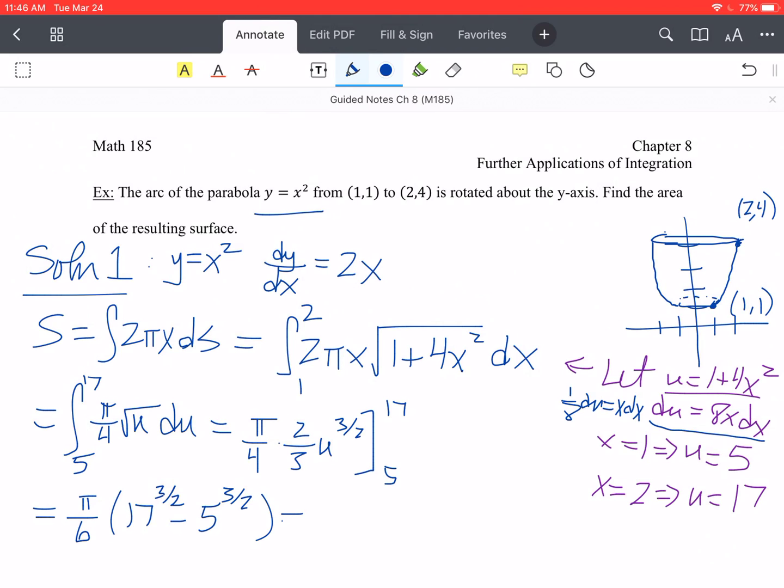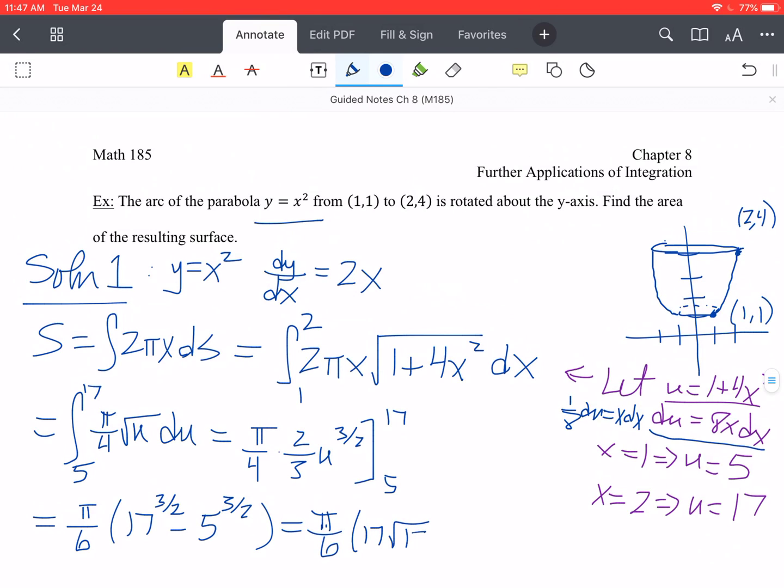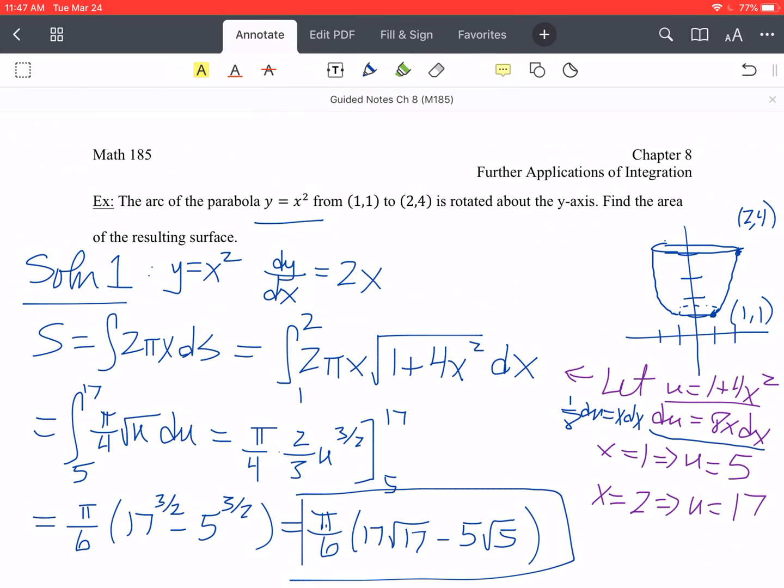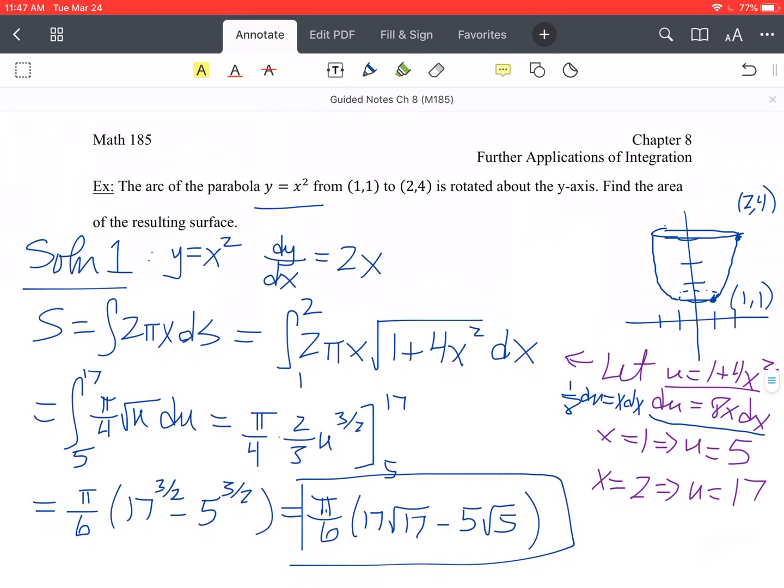And if we write that, so the book likes writing these as roots, so that's going to give us pi over 6 times 17 root 17 minus 5 root 5. Okay, and that would be our surface area.